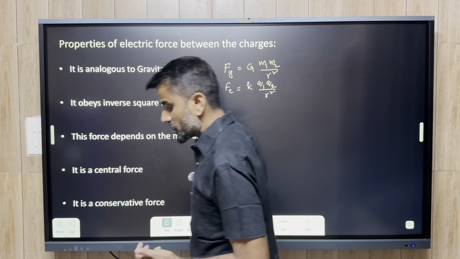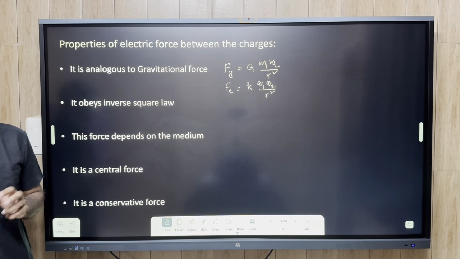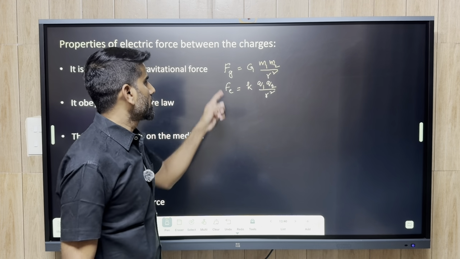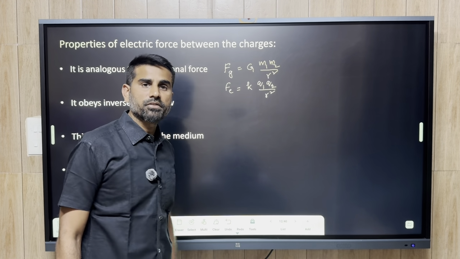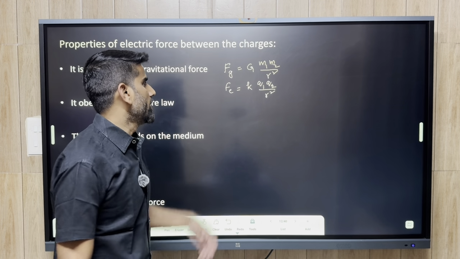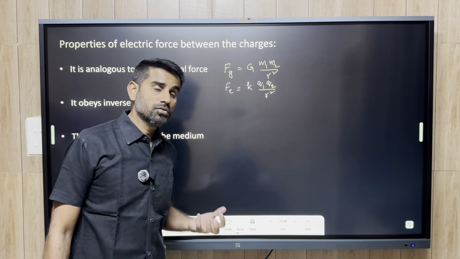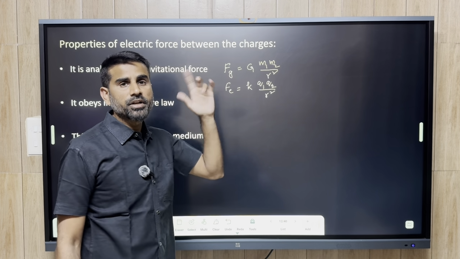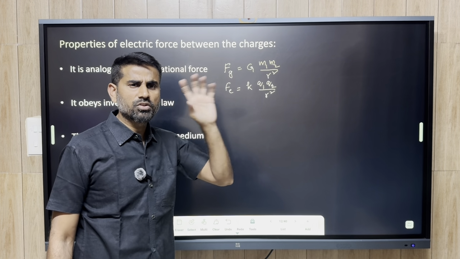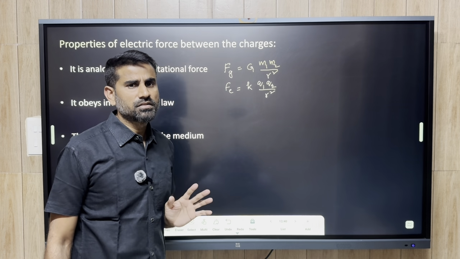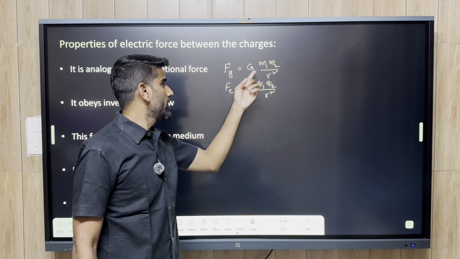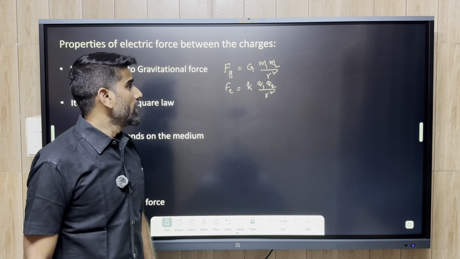If you look at the two equations, they resemble the same terminology. In the gravitational force, G is the universal gravitational constant, which is constant, and this K is Coulomb's constant, which is also constant, but there is a slight difference. G is independent of the medium; wherever the masses have been placed, it doesn't matter, the value of G will remain constant.